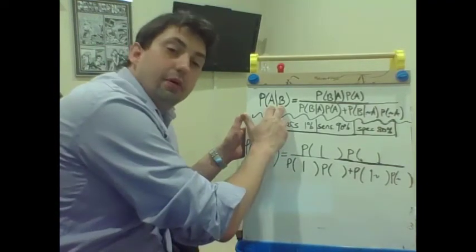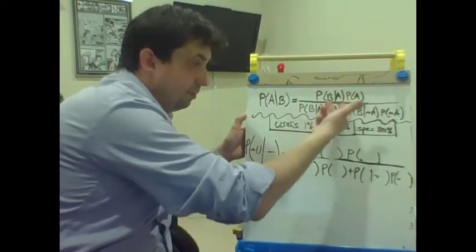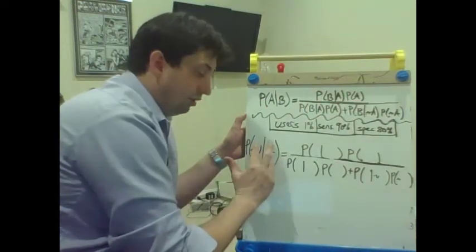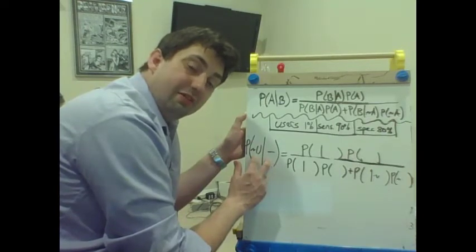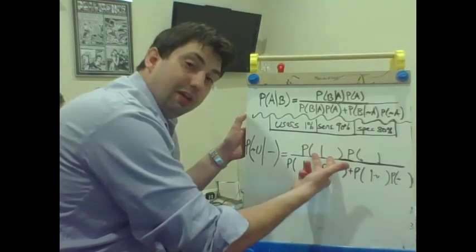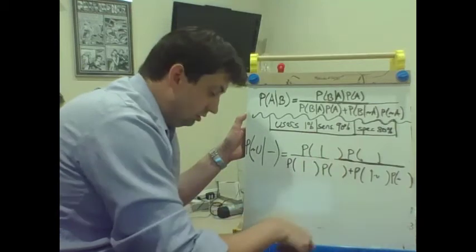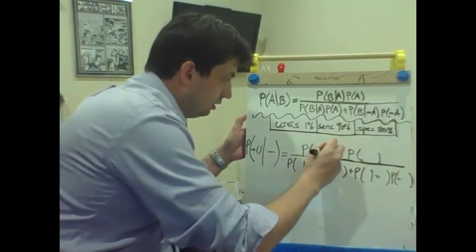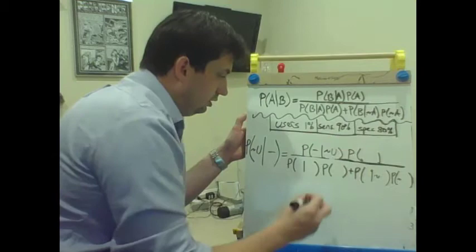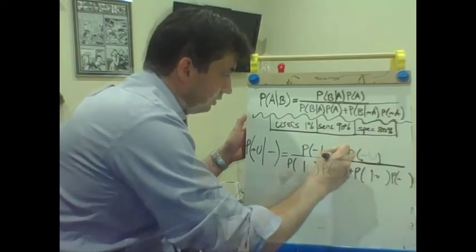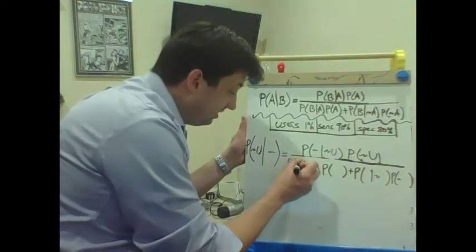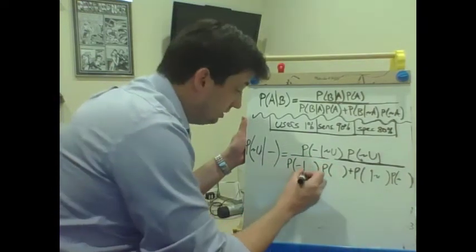Now to do this, we have probability of A given B. We flip it to make probability of B given A. So we'll do the same thing here. Probability of someone not being a user, assuming the test comes back negative, becomes probability the test comes back negative, assuming they're not a user, times the probability they're not a user. Of course, in the denominator, the first part is exactly the same.